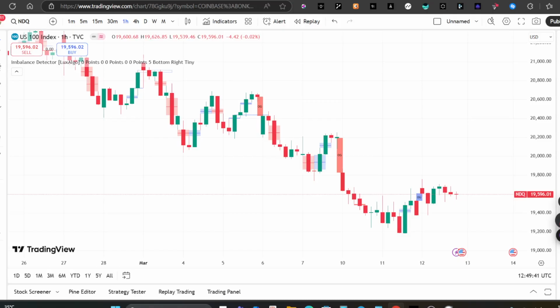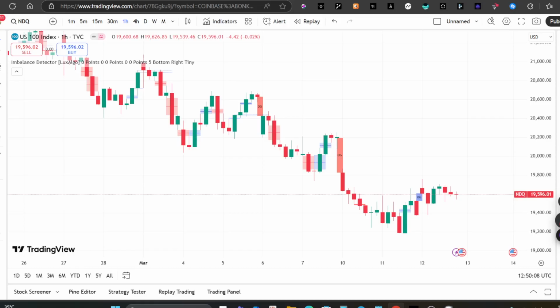All right, so how do you identify these imbalances? One of the easiest ways is by looking at large aggressive moves in price, especially long bullish or bearish candles. These often signal strong buying or selling pressure, leaving behind unfilled orders.